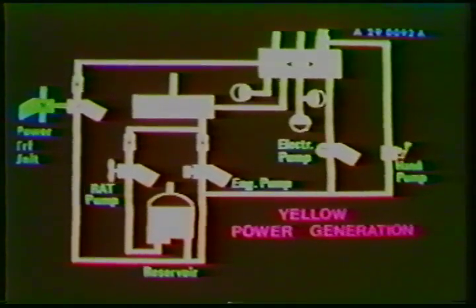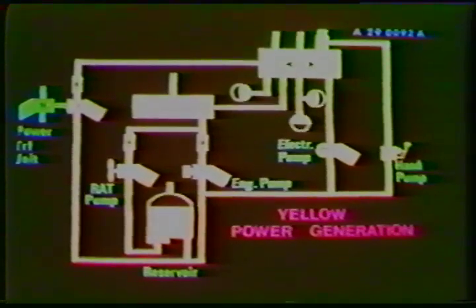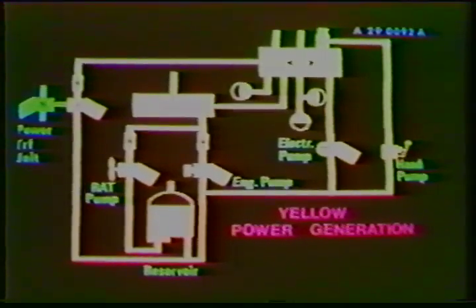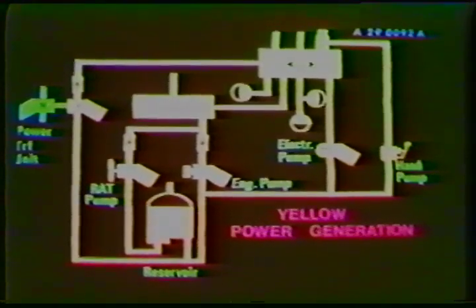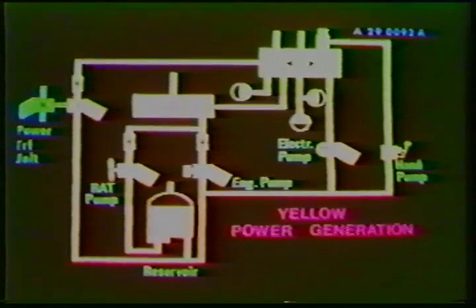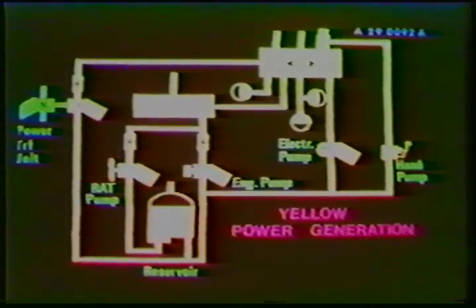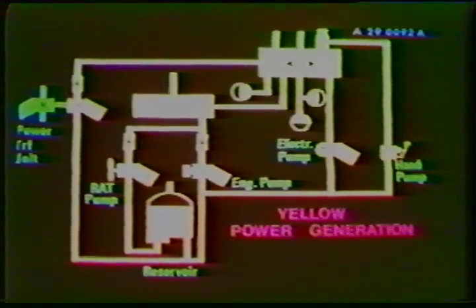In general, the yellow power generation is the same as that for the blue and green systems. Some differences should be pointed out. Note that the yellow tank has a small sump at the bottom from which fluid is supplied to the ram air turbine. Also, the pressure manifold is divided into three parts.